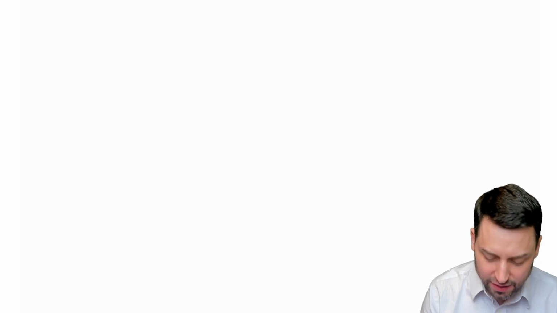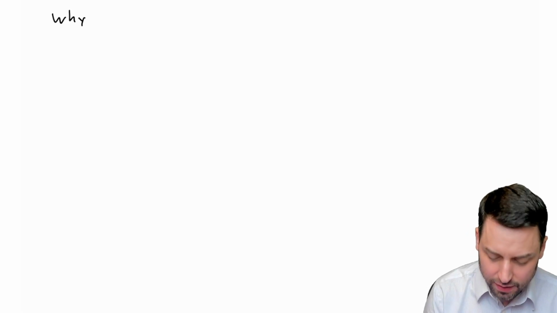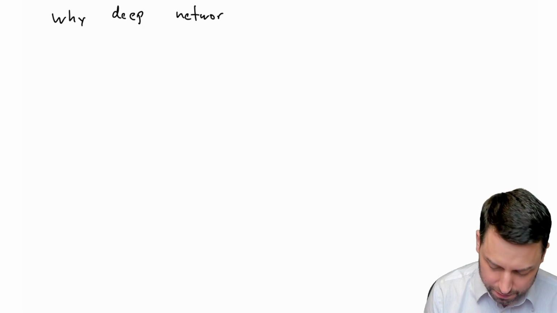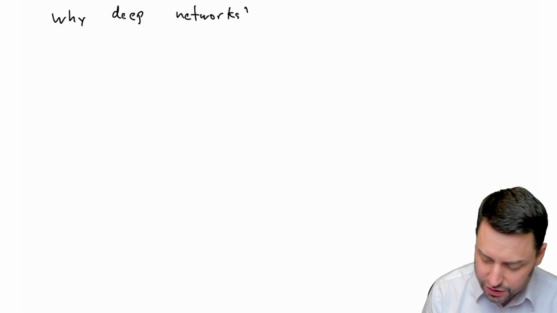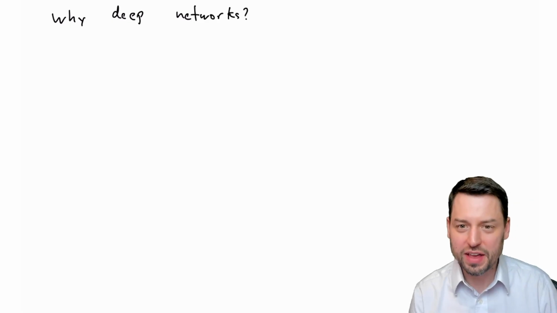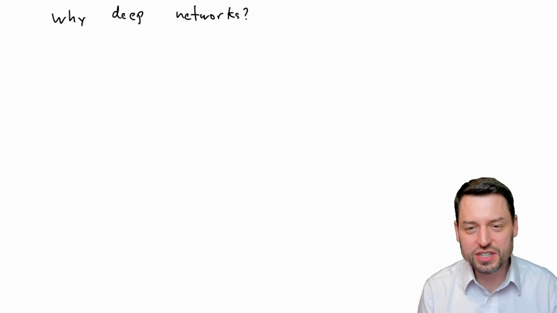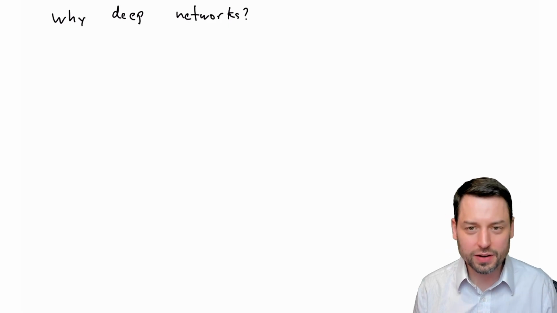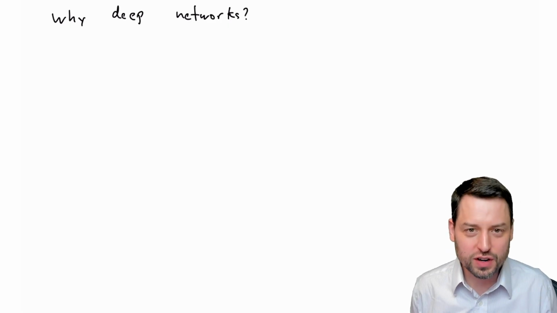And the natural question we might want to ask is, why do we use deep networks? I just argued to you, very informally, that a two-layer neural network was a universal function approximator.